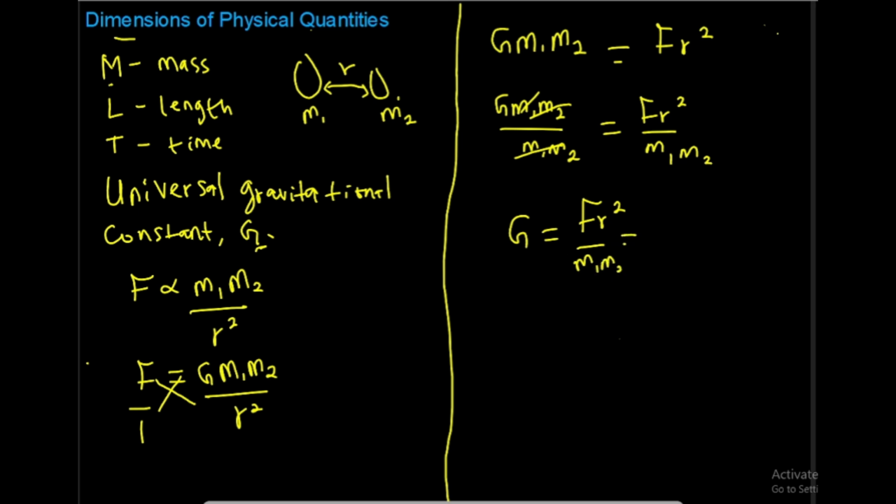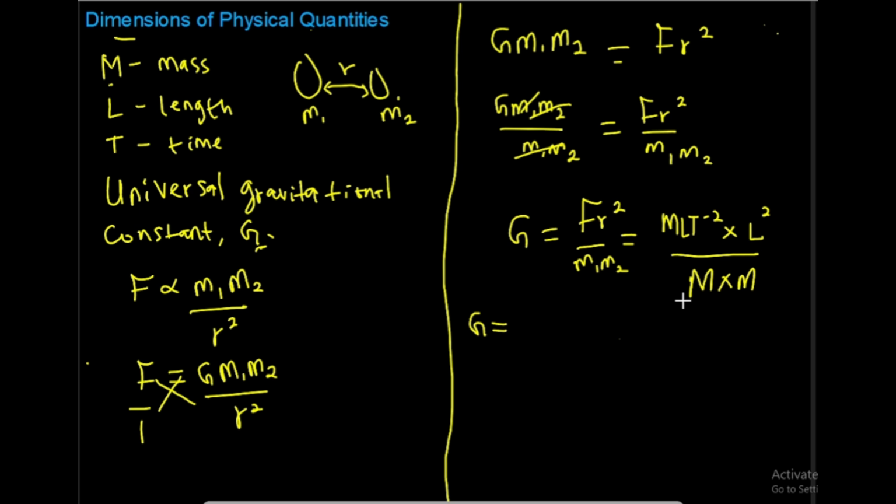The dimension for force, we have it to be M L T^-2. R is distance, the dimension for distance we have to be L, squared. All over mass, which has dimension M, capital letter M, times M. And that will give us the dimension for G.